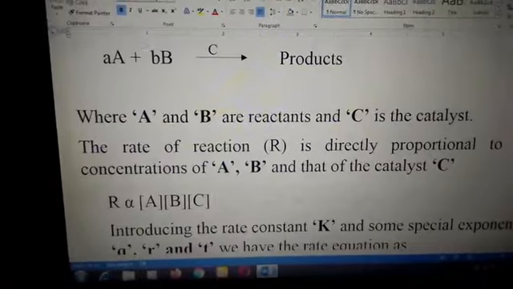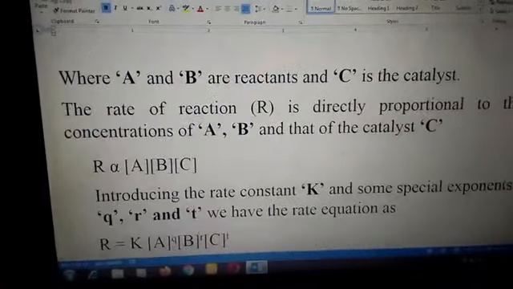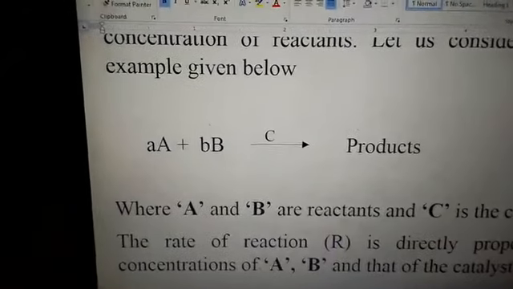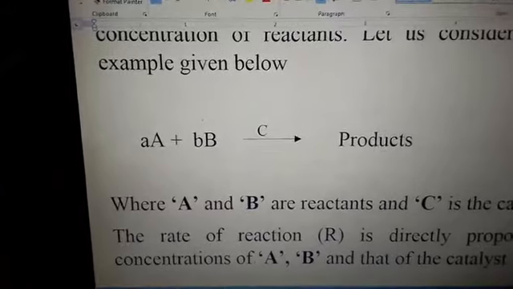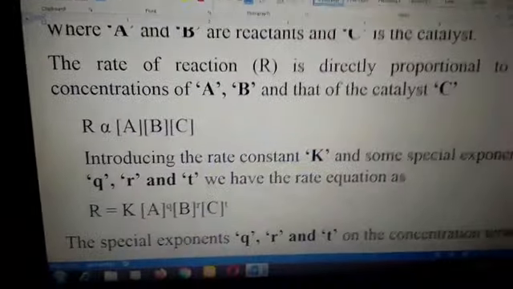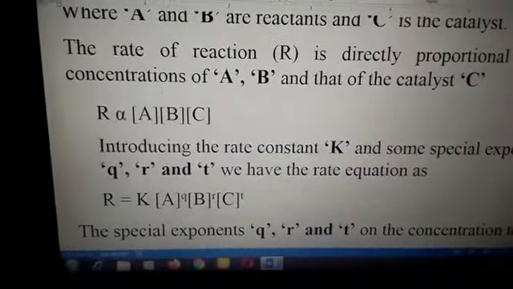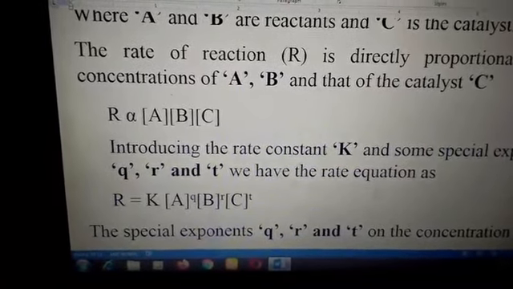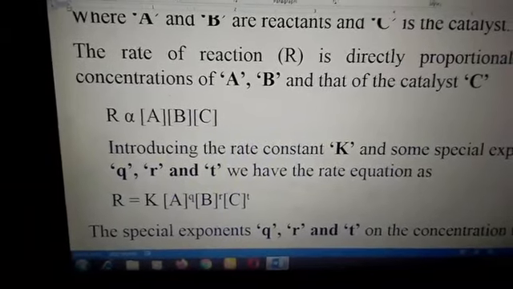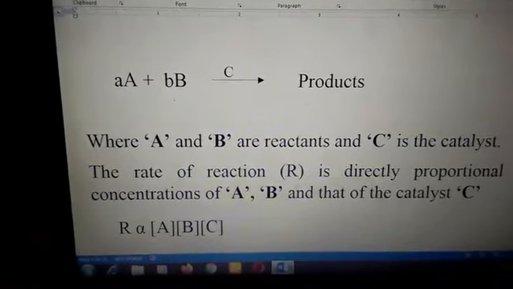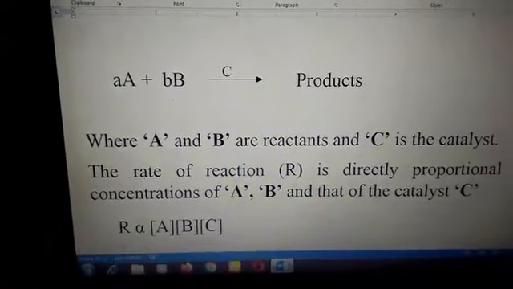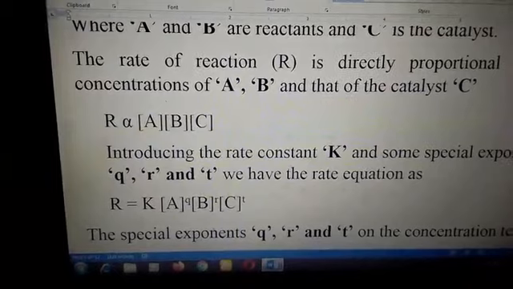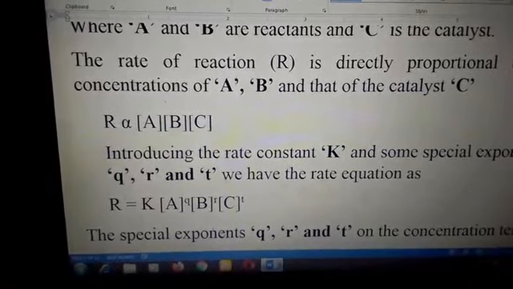If you go to the balanced equation, the letters q, r, and t didn't appear in the balanced equation. And then if you look at the number of moles, small letter a and small letter b did not appear in the experimental rate equation. So q, r, and t are called order of reaction. So you see that the order of reaction has no business with the stoichiometric coefficient. They are different from the two. So order of reaction does not appear in the chemical equation.